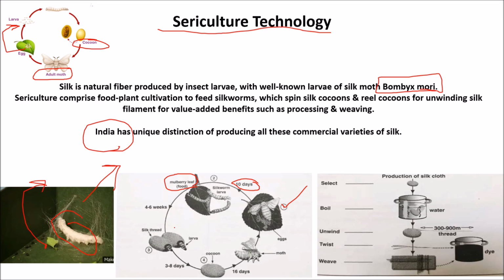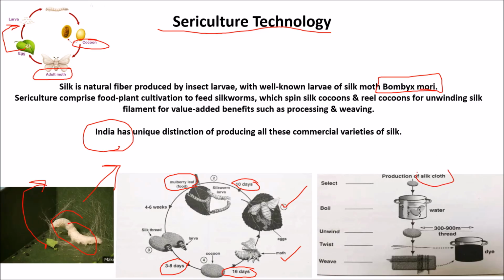After 4 to 6 weeks, conversion happens in the form of silk threads, which further after 3 to 8 days converts into a cocoon. The cocoon, after close to 16 days, converts itself into a moth. So this is a process cycle which keeps on repeating itself in the process of producing silk.